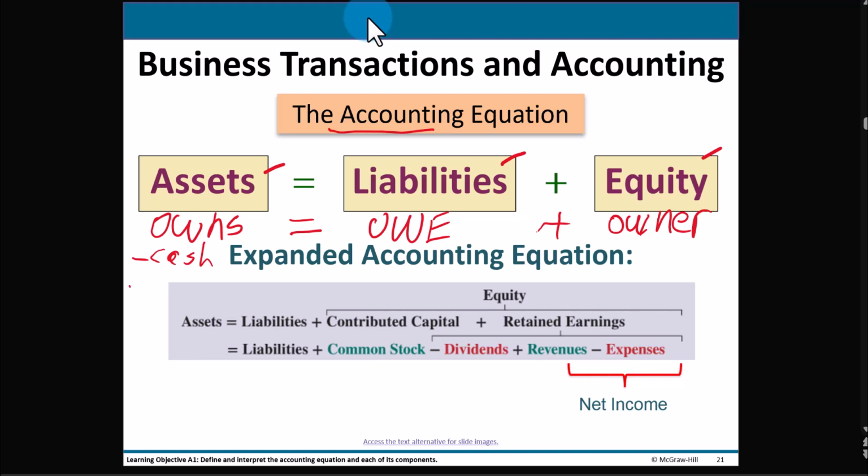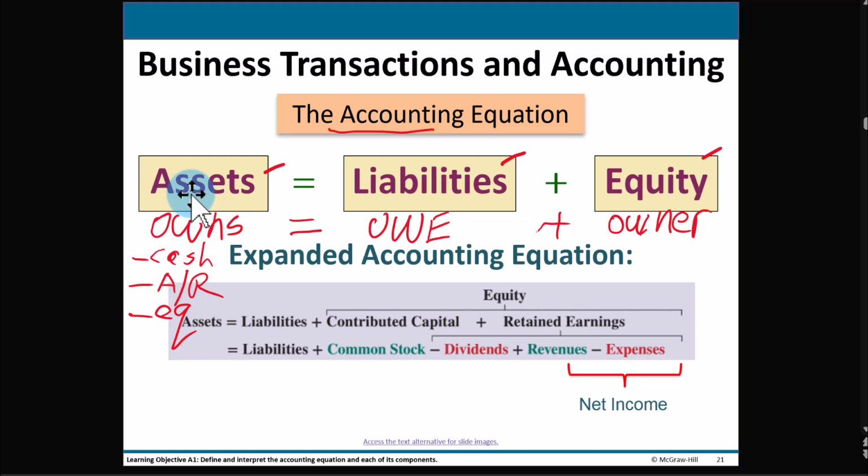Another type of asset that has value is the money owed to us by other companies or other customers, called accounts receivable, or the equipment the company owns. All of these things have value. All of these things are going to be used up in the future or converted into cash now or in the future. Again, those are assets.